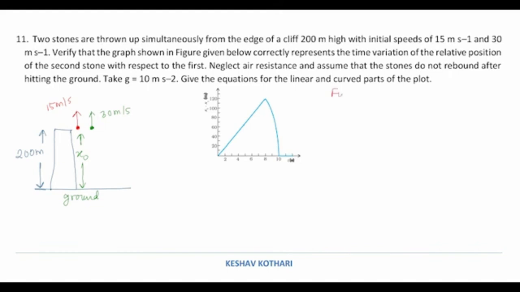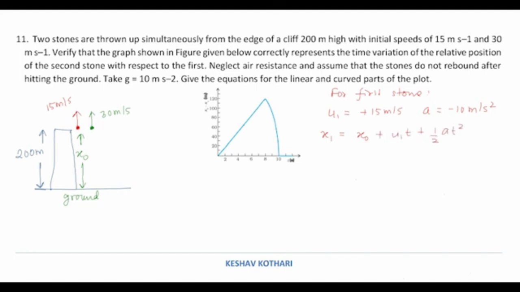For the first stone, we take initial velocity as positive in the upward direction, plus 15 meter per second, and acceleration in the downward direction, that is minus 10 meter per second square. So the position of the first ball, x1, is x naught, the distance from the ground, plus u1t plus half at square.